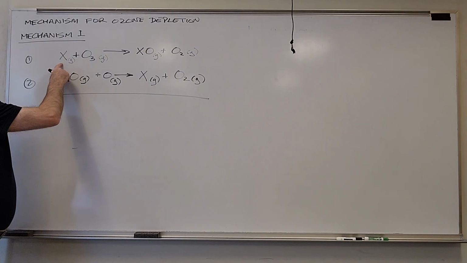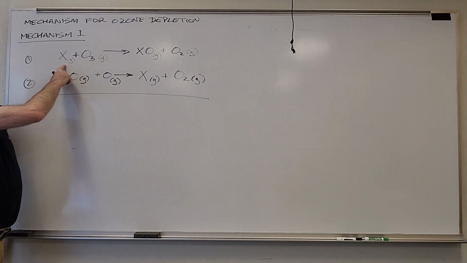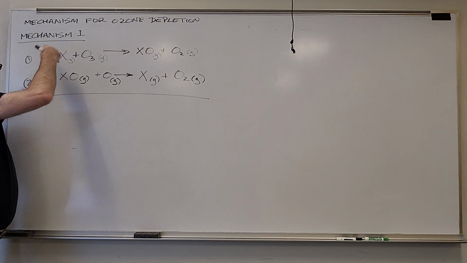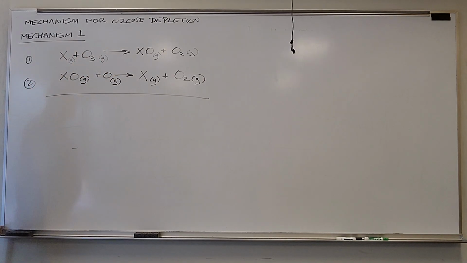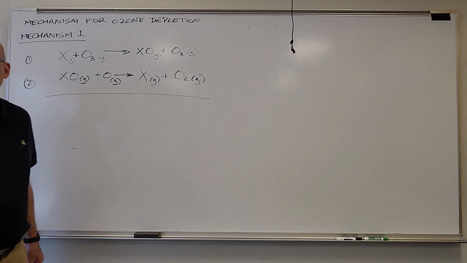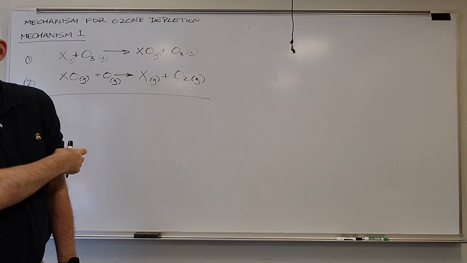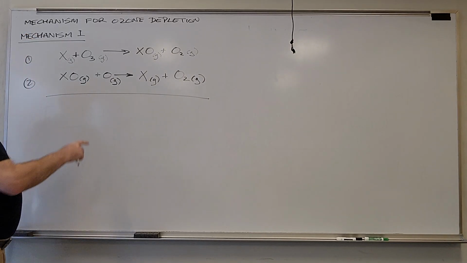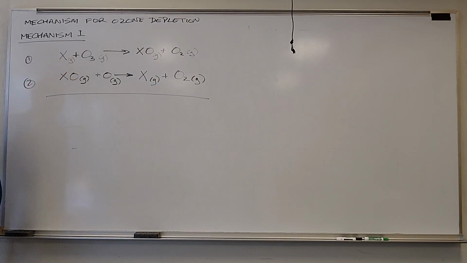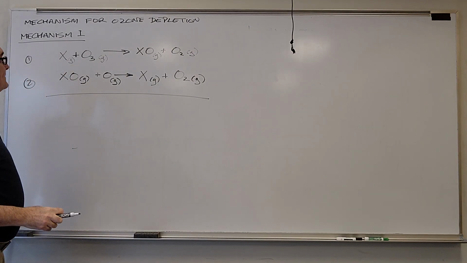So a very small amount of X can just keep churning away and use ozone as its feedstock, and could consume dozens of molecules, hundreds of molecules, thousands of molecules of ozone, until it somehow gets degraded and goes away.